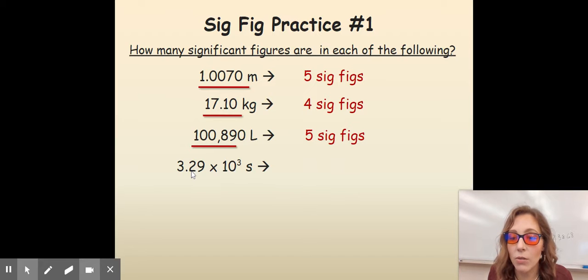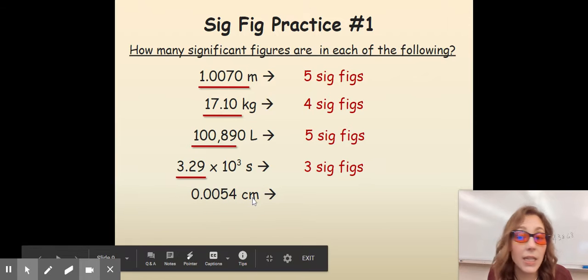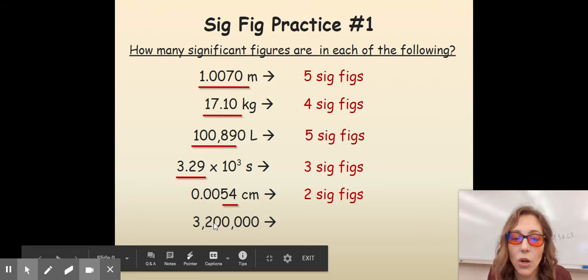For scientific notation numbers, just the numbers in front of the times 10 to the something are significant. So just that 3.29. These guys, leading zeros are never significant, so that's 2. And then there is no decimal in here, so it's just the 3 and the 2 that are significant. The last zeros don't count.